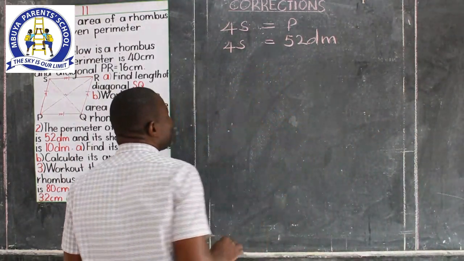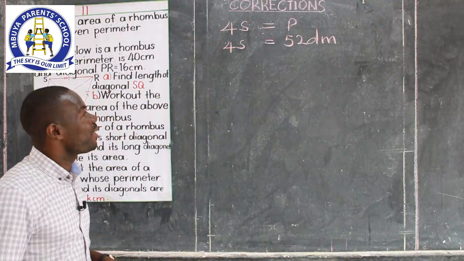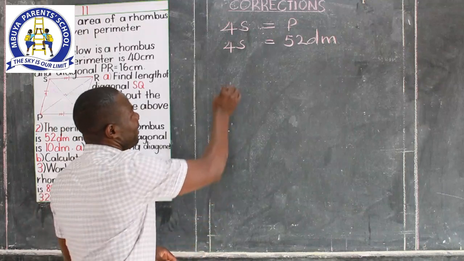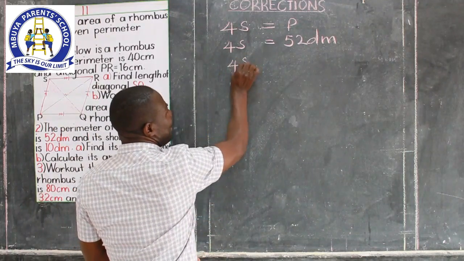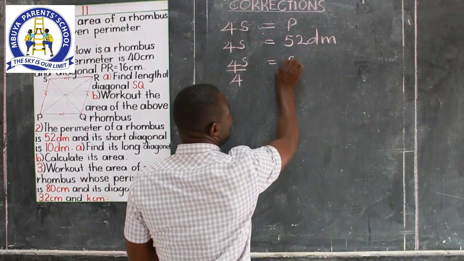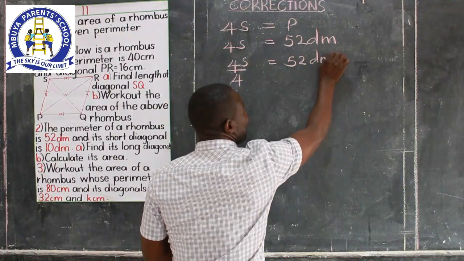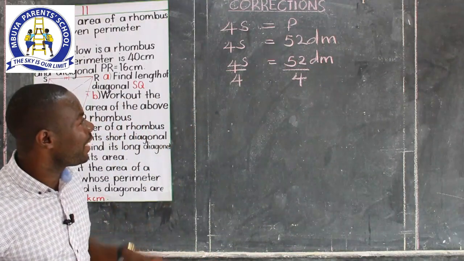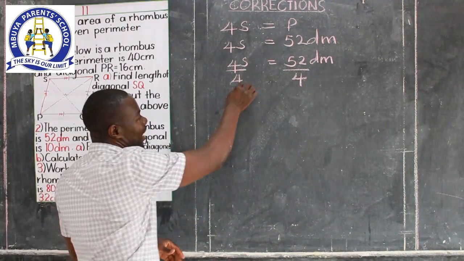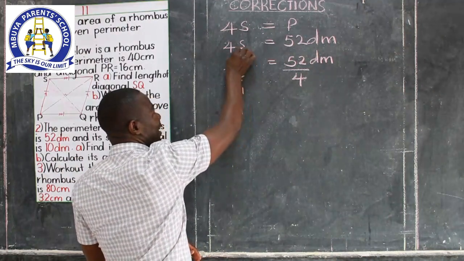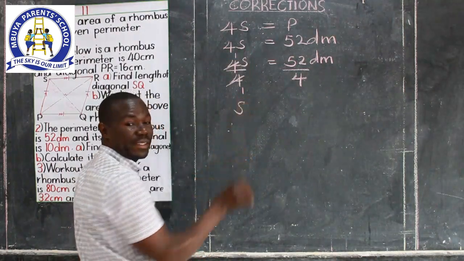So we shall divide on both sides by 4, so that we remain with the side S. So 4S out of 4 is equal to 52 decimeters out of 4. So we shall eliminate our 4 by cancelling. 4 divided by 4, you get 1. 4s divided by 4, you get s.